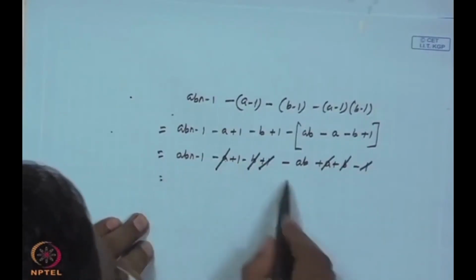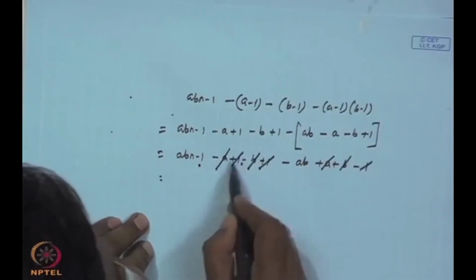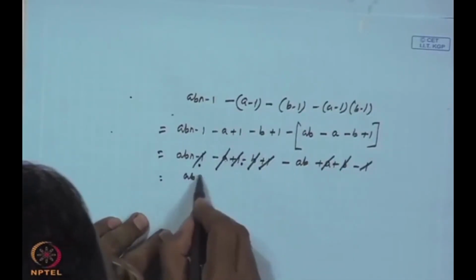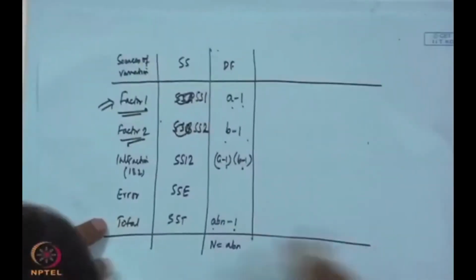Then the A's and B's cancel out, and the ones cancel out too. So, that means AB(n minus 1).